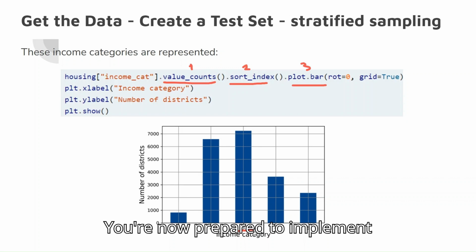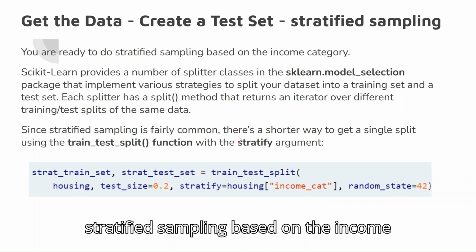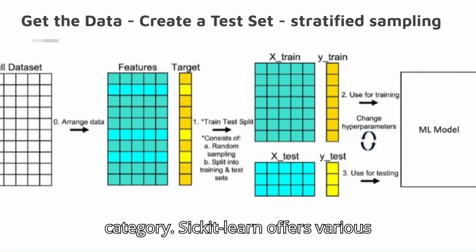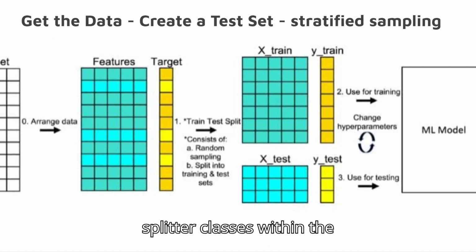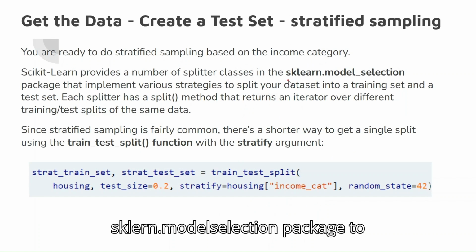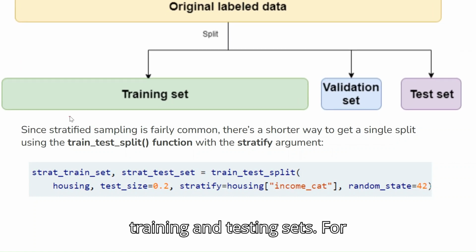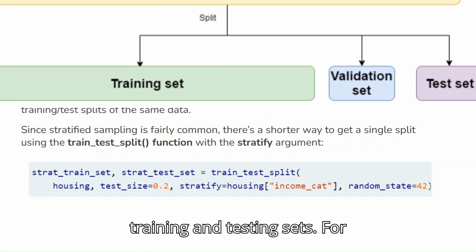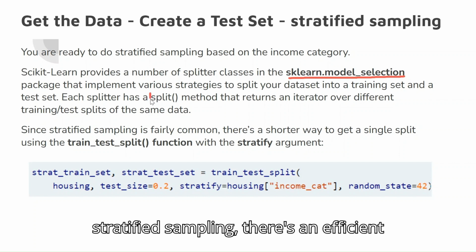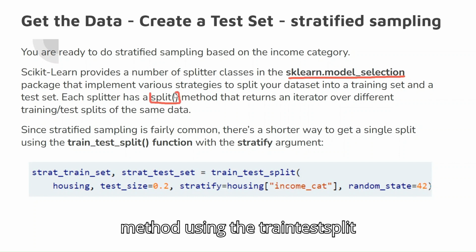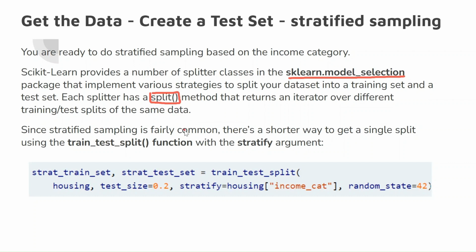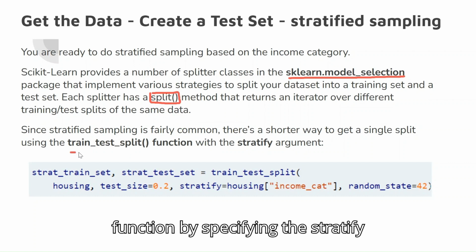You're now prepared to implement stratified sampling based on the income category. Scikit-learn offers various splitter classes within the sklearn.model_selection package to assist in splitting datasets into training and testing sets. For stratified sampling, there's an efficient method using the train_test_split function by specifying the stratify argument.